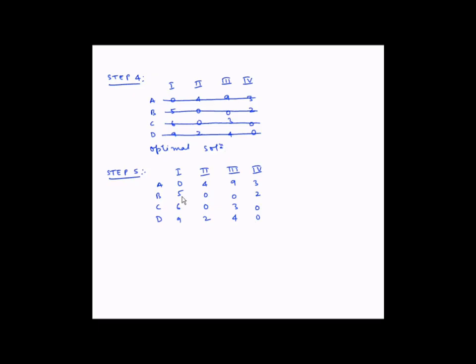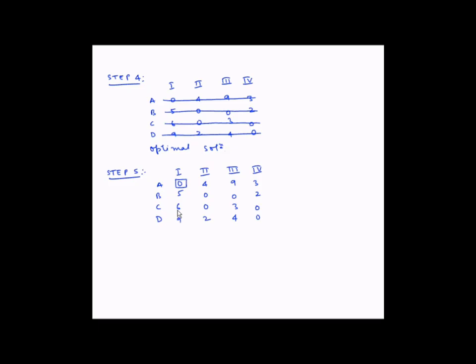So let's first do this row wise. For A we have 1 zero, so we'll assign A to subordinate 1. Now 1 cannot be assigned to any other task, and anyway we don't have any other 0 for 1. Now let's move to B. B has 2 zeros, so we'll skip this for now.